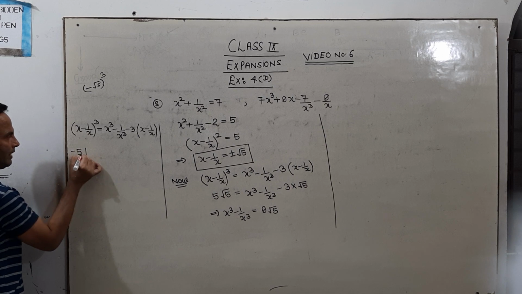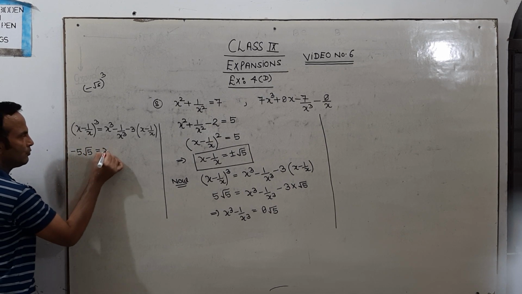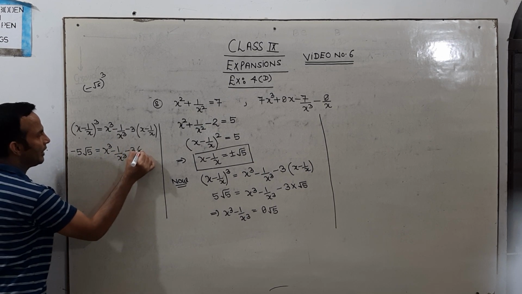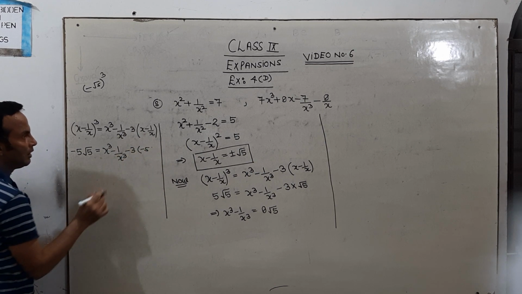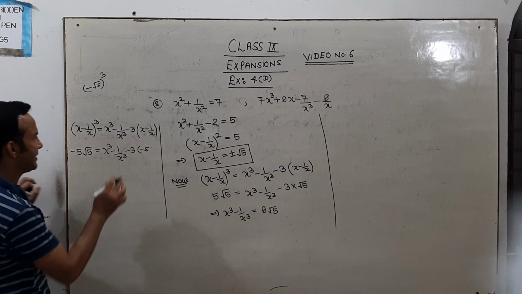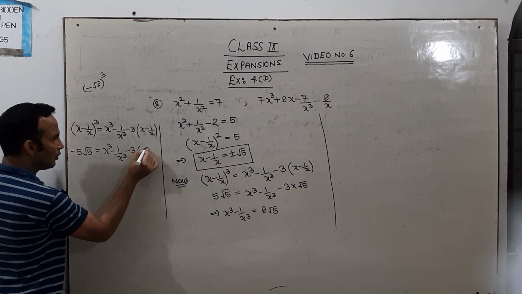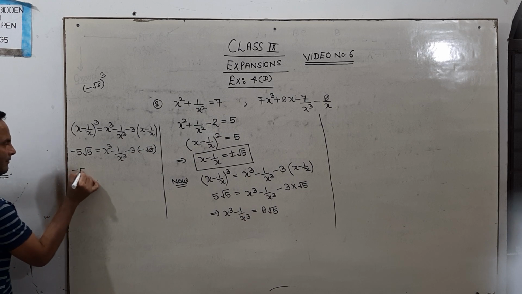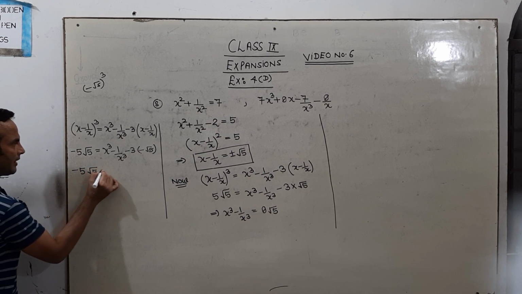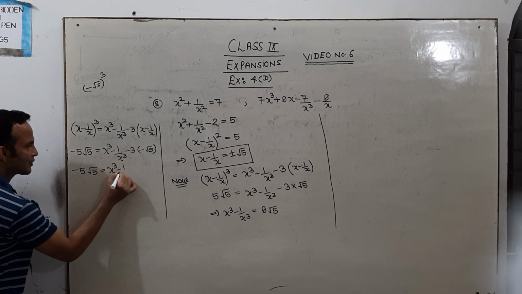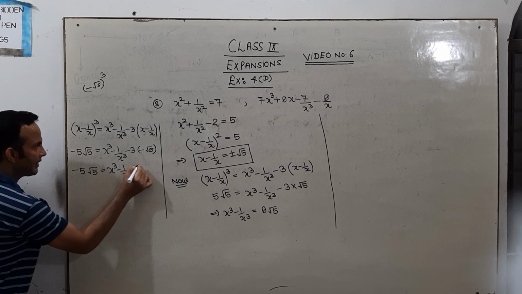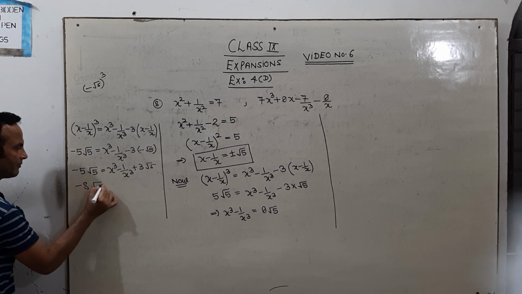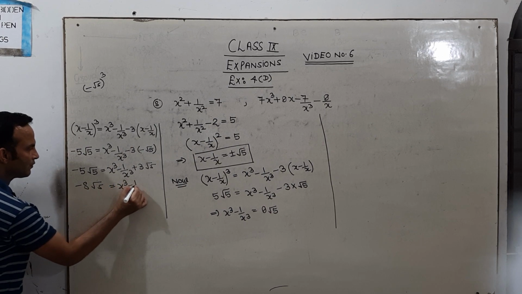Negative 5 times of root 5. x cube minus 1 upon x cube minus 3 into negative root 5. Okay, this will become minus 5 times of root 5 is equal to x cube minus 1 upon x cube plus 3 times of root 5. Becomes negative 8 times of root 5 is equal to x cube minus 1 upon x cube.